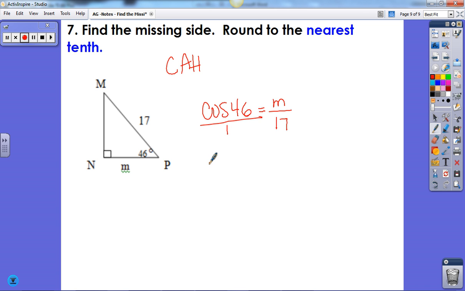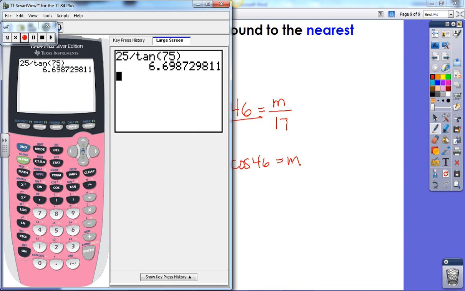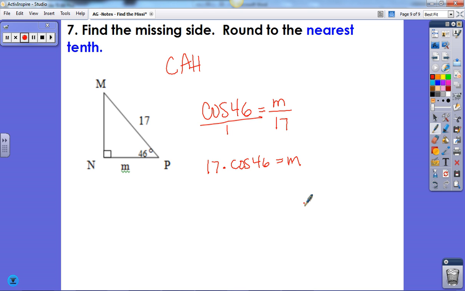Set up my proportion, cross multiply. In my calculator, I have 17 times the cosine of 46, and I end up with 11.8. So M is 11.8.